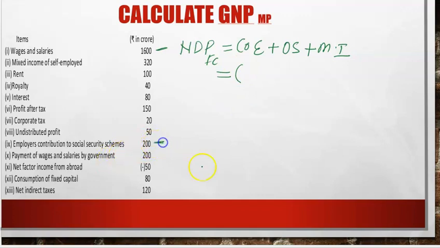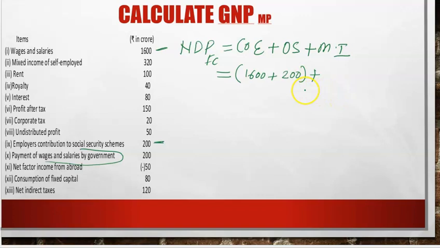This is employers contribution. अब यहाँ पे एक और चीज दी हुई है जो आपको शायद कंफ्यूज करे. That thing is payment of wage and salary by the government. Please don't touch this. It is a part of government final consumption expenditure. So therefore what we'll do, we will add wage and salaries and we'll also add contribution of employers as 200.